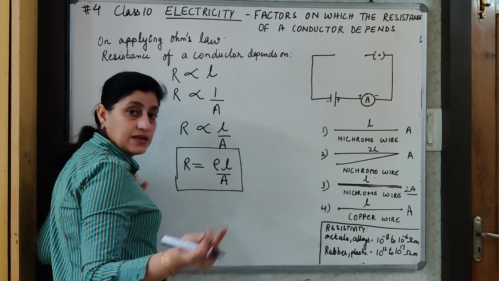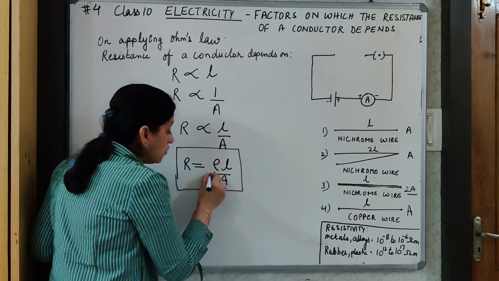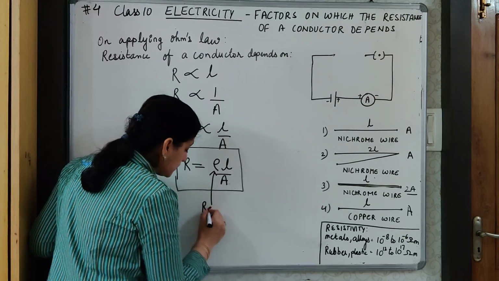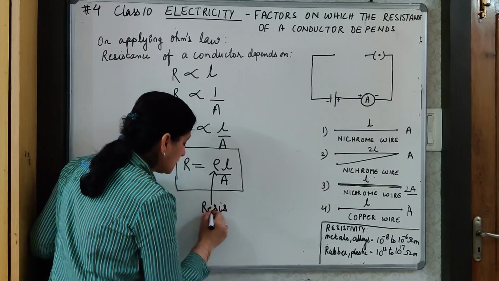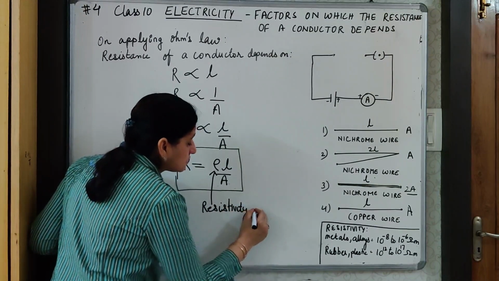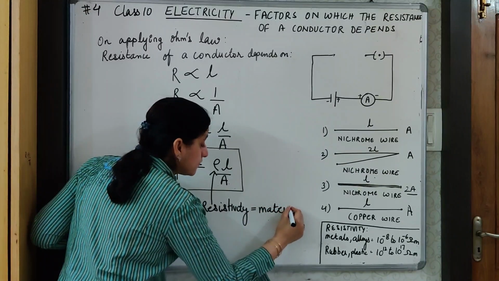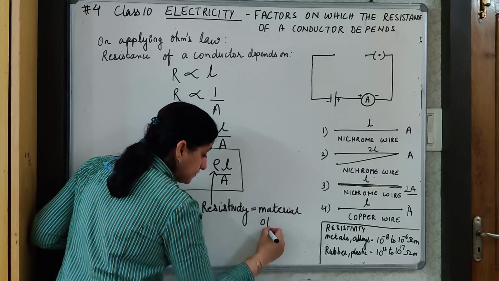You know L is length, A is area. Now what is this rho? This rho was given the word resistivity. It was termed as resistivity, and this resistivity is the property of the material of the wire.